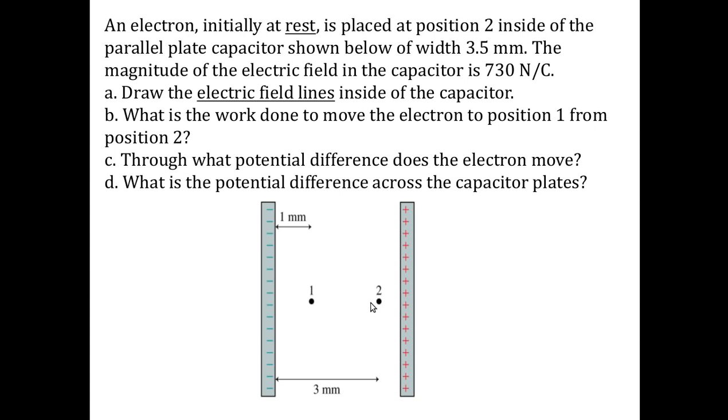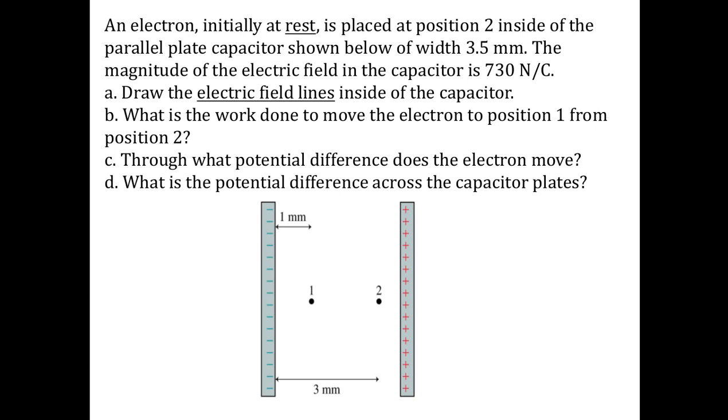If I let go of the electron here at point 2, the system would do work and displace the electron towards the positive plate. The electron is going to go against the electric field and travel to the right. But something's causing it to move to position 1 from position 2, going against the force it would experience due to just the system.